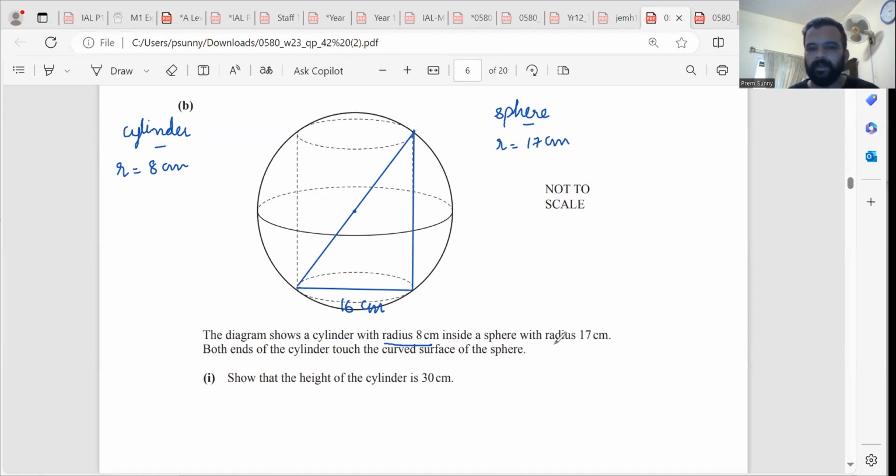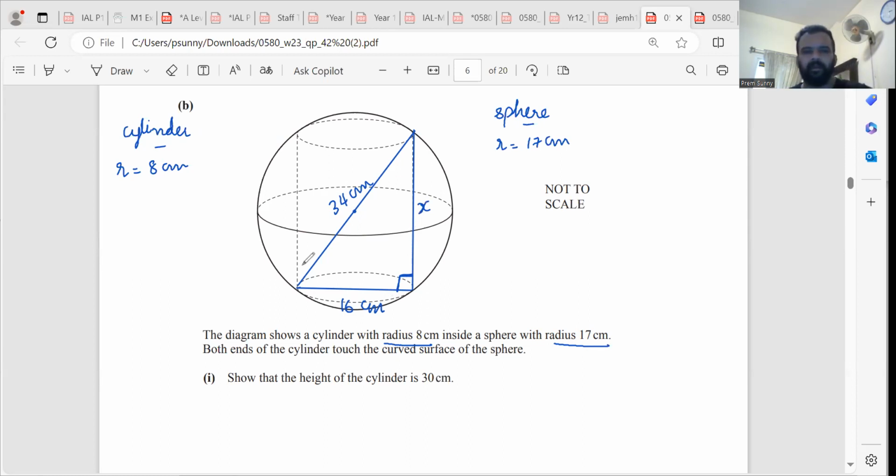The radius of the sphere was given as 17 centimeter. If the radius is 17 centimeter, the diameter is going to be 17 times 2, that is 34 centimeter. It's a right angle triangle which we formed here, with a 90 degree here and here. We need to find x, the height of the cylinder.